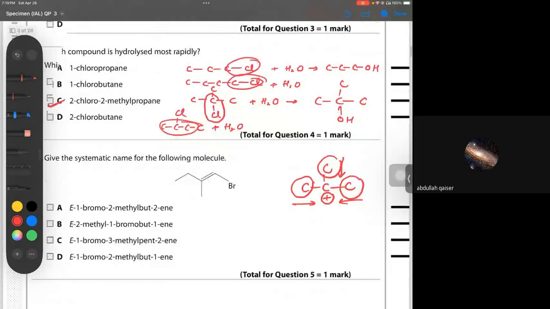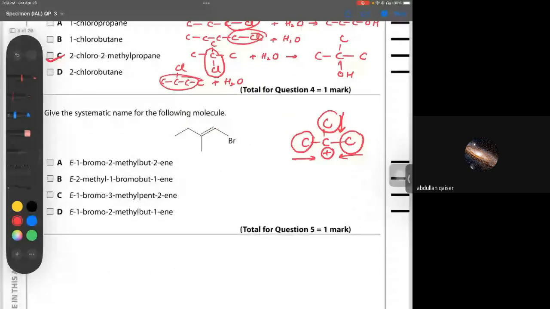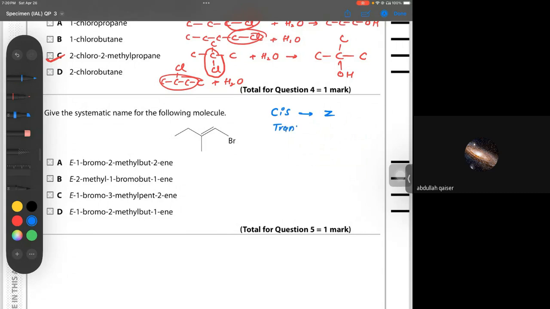See this: give the systematic name for the following molecule. First of all, you have to decide if it's cis or trans. I told you that cis is the Z isomer and trans is E. Z means the same side, and E means the opposite side.